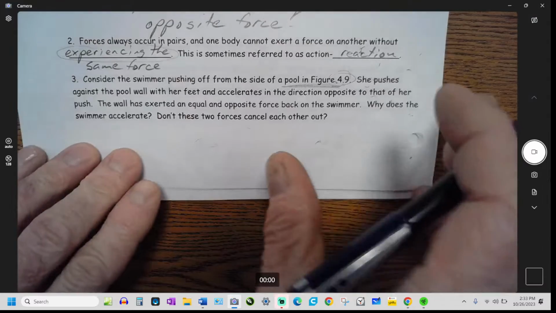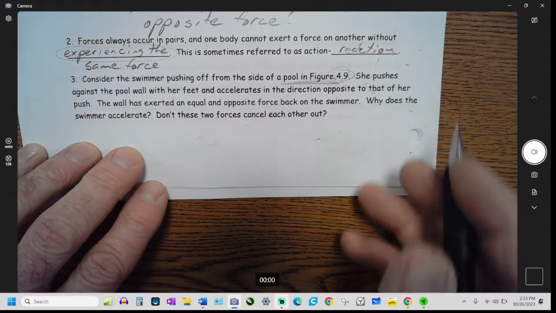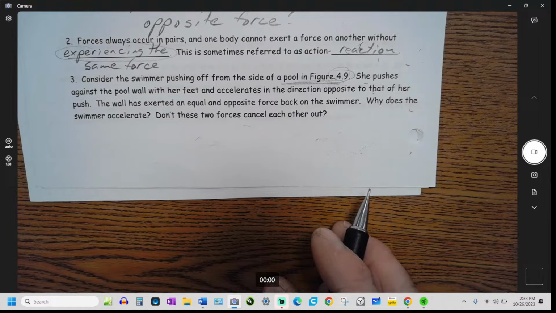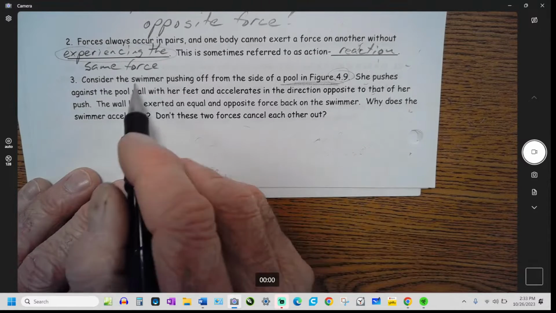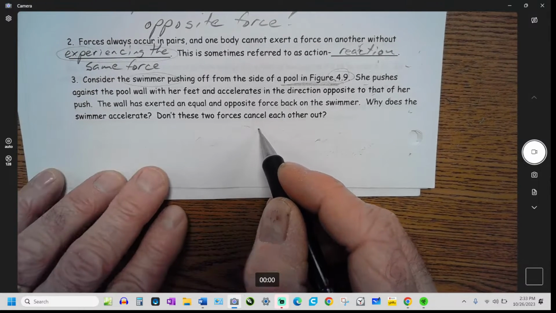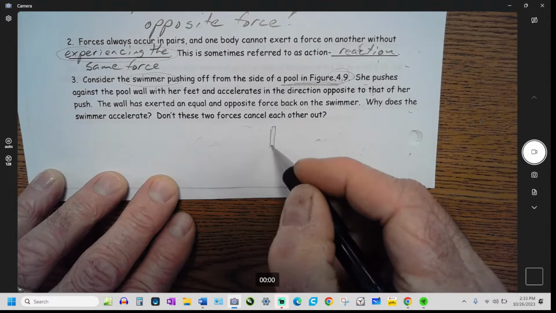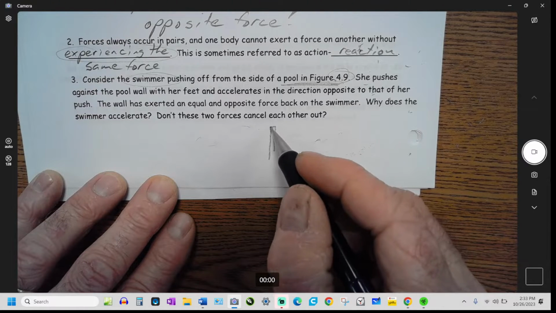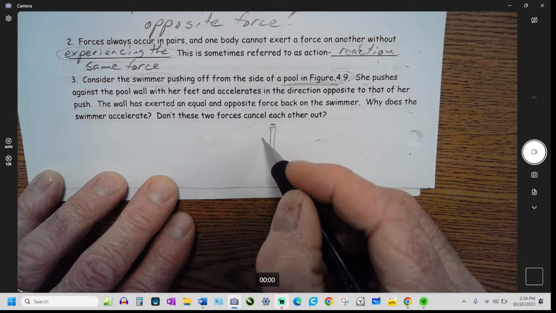We're going to get into tension today, and tension is usually a pull, and normal force is a push. Okay, so the swimmer, but I just want to come back to, remember when I was hanging on the door? Was I pulling or pushing the door there? I think you could make a good argument I was doing either, because my hand was here and I was over here.